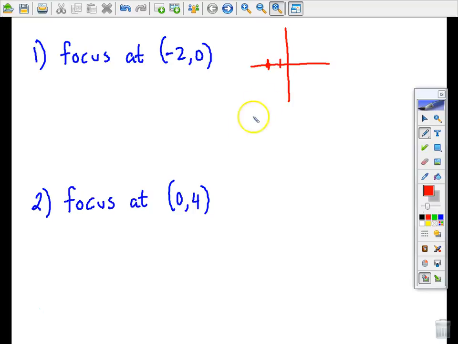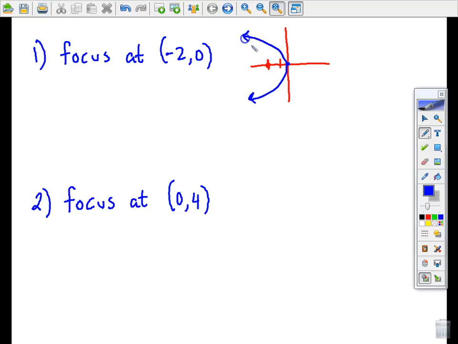All right, so there we are at -2, 0. And we're told in the instructions that the vertex of this parabola is at the origin. Well, because the focus is always inside the mouth of the parabola, that tells me that this parabola has to open to the left.